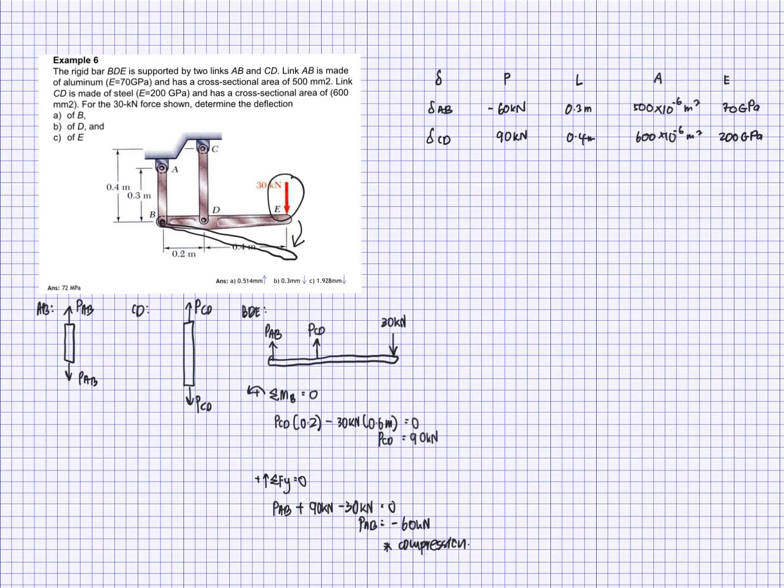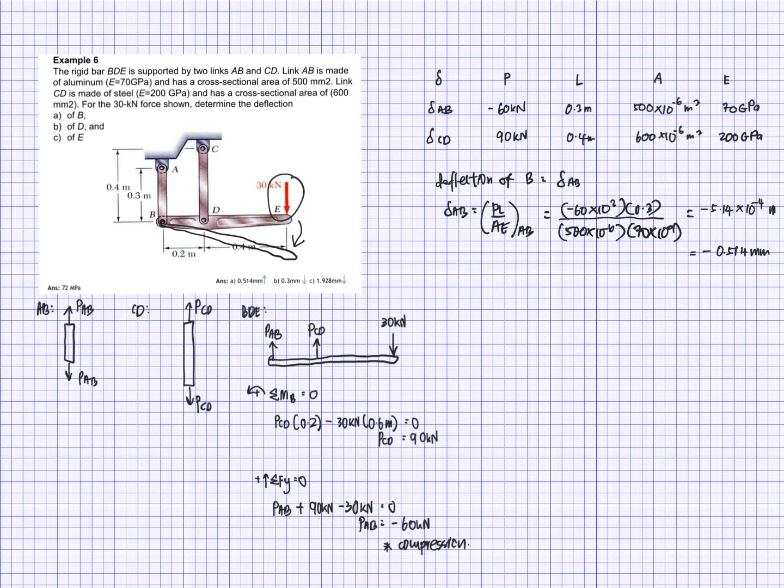So we need to find the deflection of B. Deflection of B equal to delta AB. Then we substitute into the equation delta AB equal to PL over AE and put in all the values, then we can get delta AB. So delta AB equal to negative 5.14 times 10 to the power of negative 4 meter, equal to negative 0.154 millimeters.